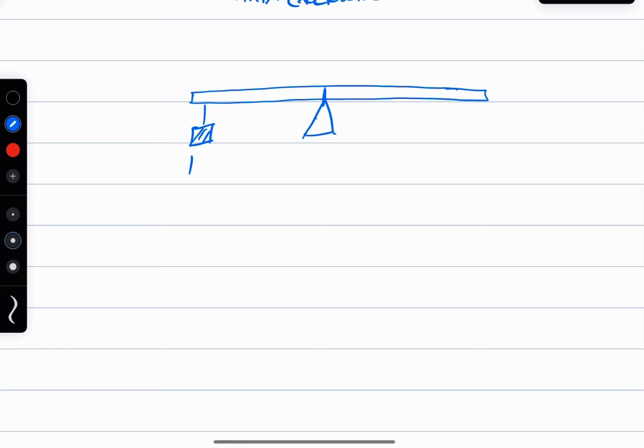Let's suppose it is 100 Newton, and there is another weight attached with it whose weight is unknown, we have to find it. The distance from this to the pivot point is 5 meter, and from this to the pivot is, let's suppose, 7 meter.